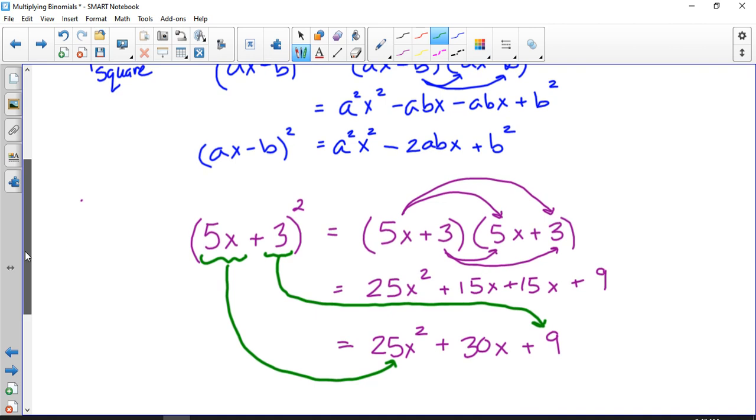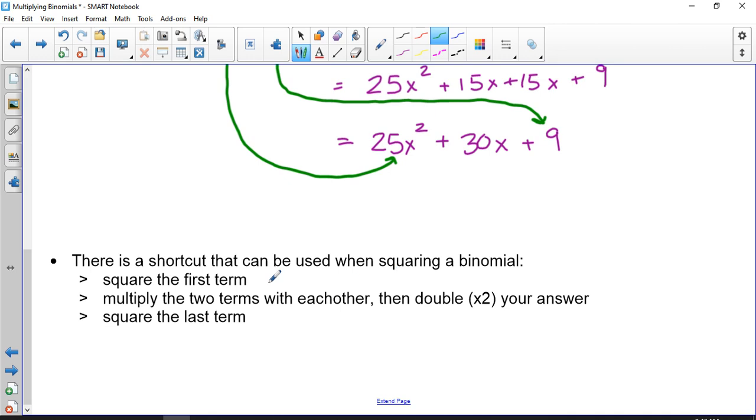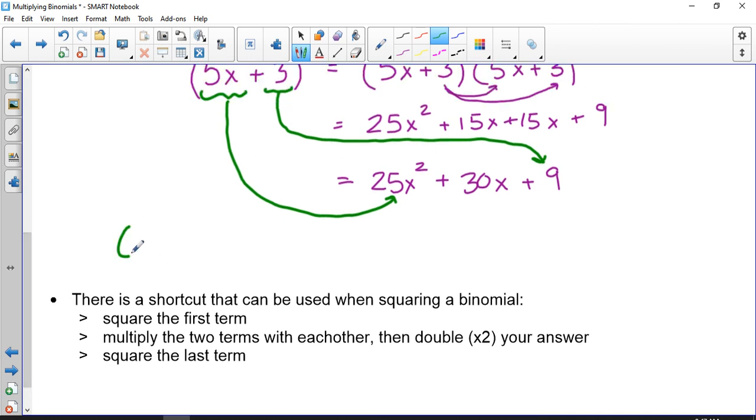We could always take a binomial and square it using the FOIL strategy, or if we want to take a little bit of a shortcut, here are the rules. When you are presented with a binomial such as 5x plus 3 and you are asked to square it, the result is: square the first term, so 5x squared would be 25x squared.